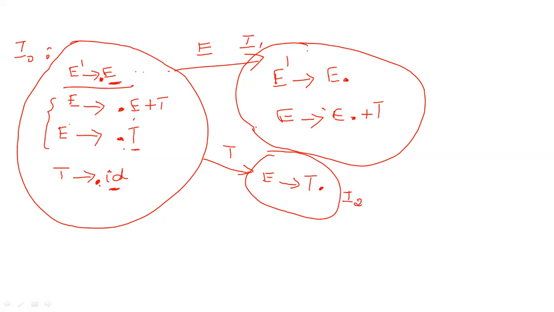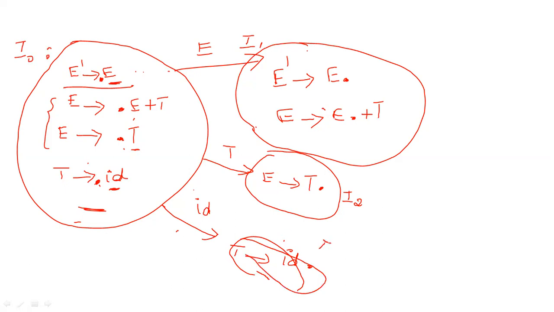For the last production, T implies dot ID. If I give ID as input, what will happen? T implies ID dot. After the dot there is no symbol. So this is nothing but I3.